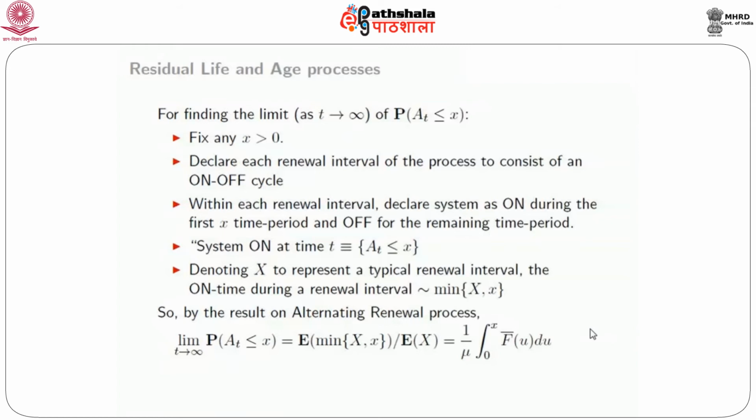You can verify that you have E[X] in the denominator, that gives you 1 over mu, and one can verify that the expected value of the minimum of X and x, you write it in terms of the integral of the tail probability of the minimum of X and x, and you end up getting the integral from 0 to x of F bar(u) du.